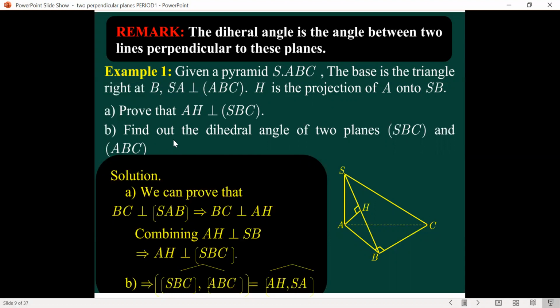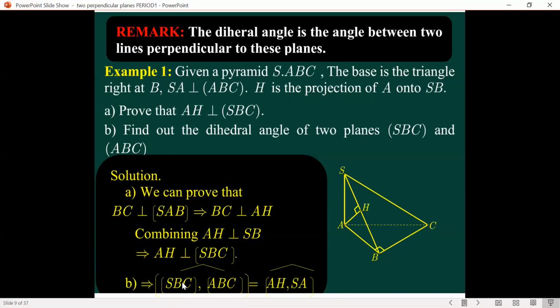Question B. To find the angle between planes SBC and ABC, we have to show two lines that are perpendicular to the two planes. With our definition, look at here. AH is perpendicular to SBC and SA is perpendicular to plane ABC.